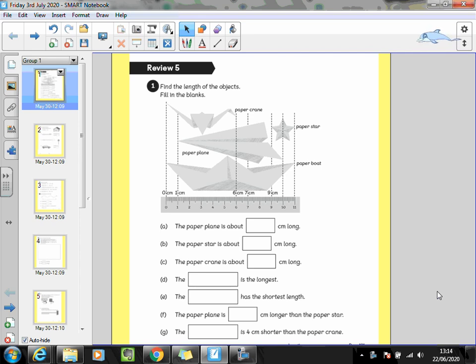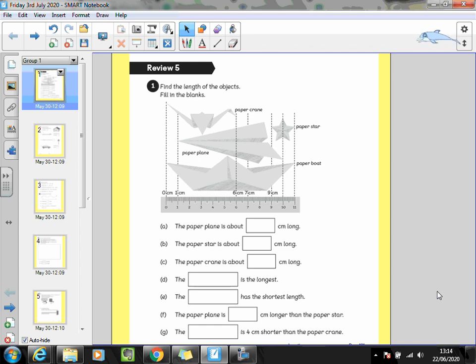Question 1. Find the length of the objects and then fill in the blanks. So you've got lines drawn there to the ruler to help you with the measurements. The paper plane is about how many centimetres long? The paper star is about how many centimetres long? The paper crane is about how many centimetres long?